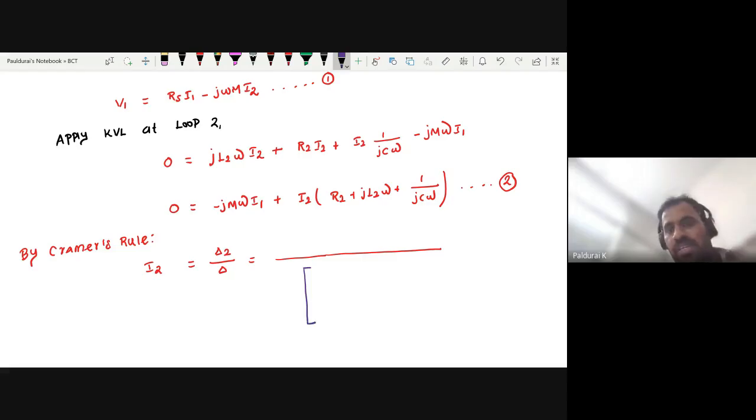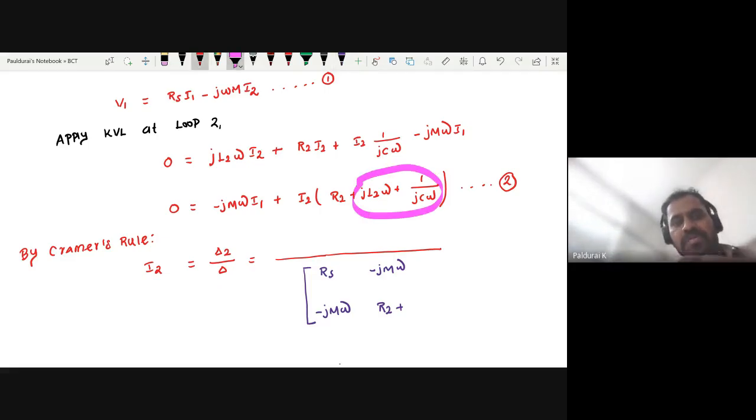Del is given by, equation number 1: Rs plus R1 plus jL1 omega, minus j M omega. Equation number 2: minus j M omega, and this is R2 plus, coming here, take j as common.